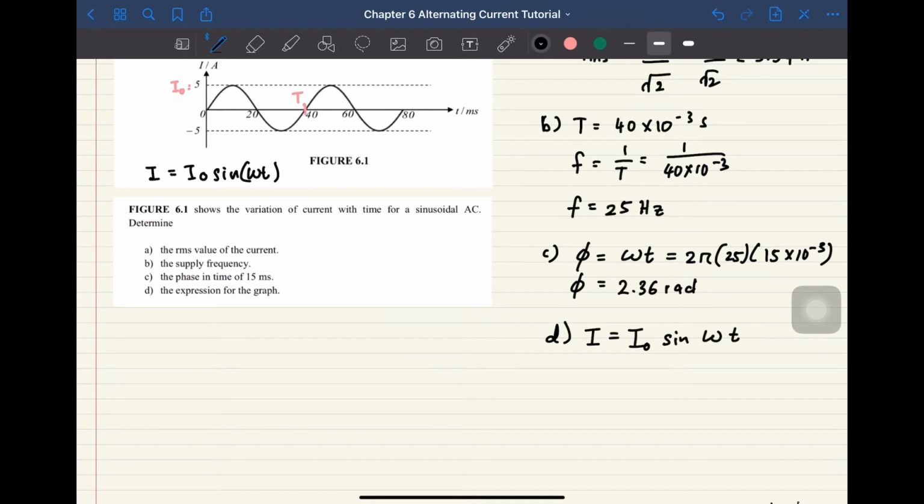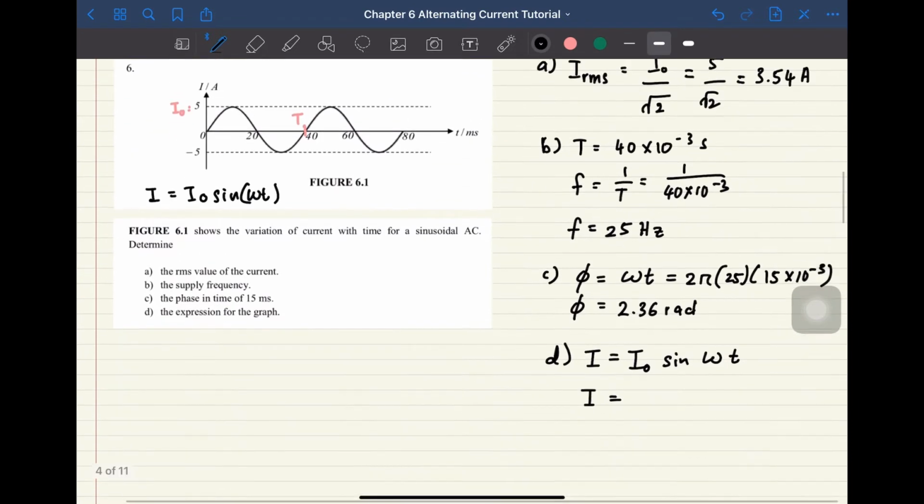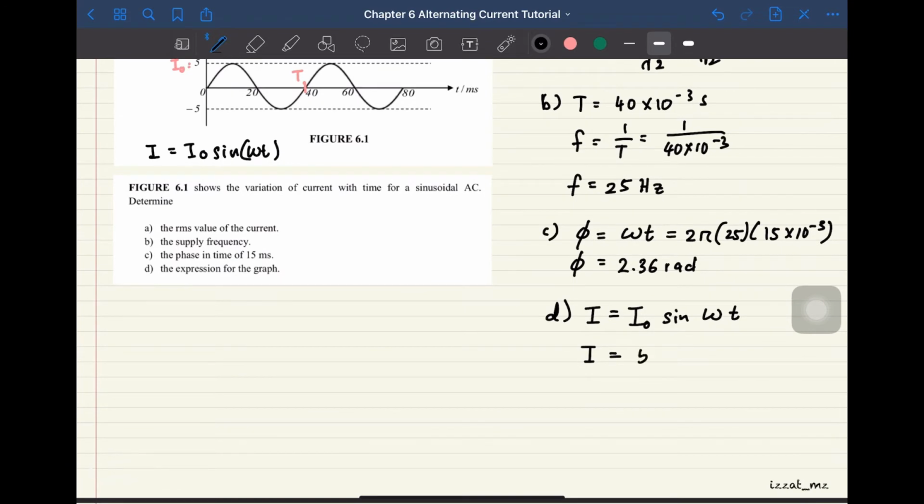So what you need to do now is just to substitute I naught and omega. The I and T you leave it like that. So I naught will be equal to 5 sine, omega is 2 pi f. So I just write it again in case you didn't notice.